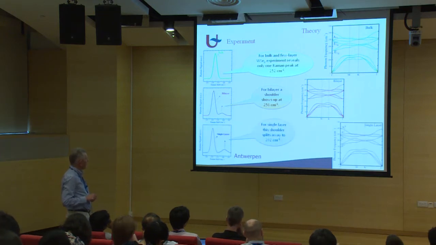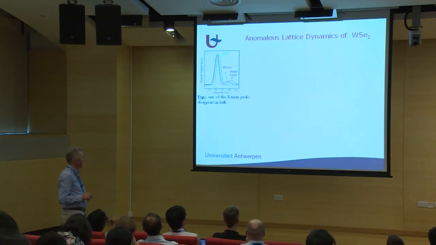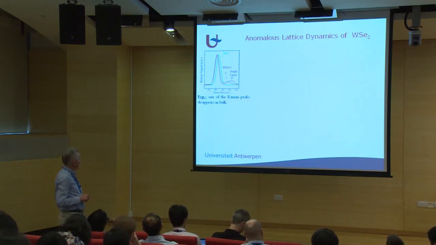If you then go to the single layer, this peak here starts to move to higher shifts, and it also becomes more pronounced, while the calculation still gives almost no lifting of the degeneracy. So what's the reason for this discrepancy? When I put all three results on top of each other, you see a small shift in the main peak, and then the appearance of this extra peak here.